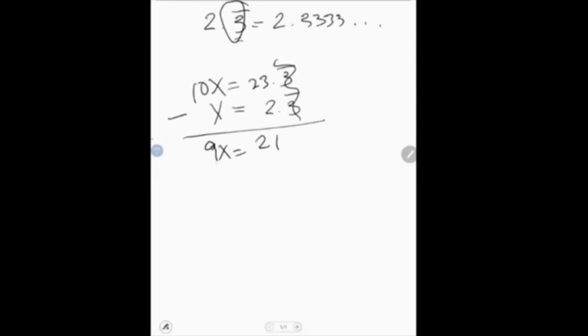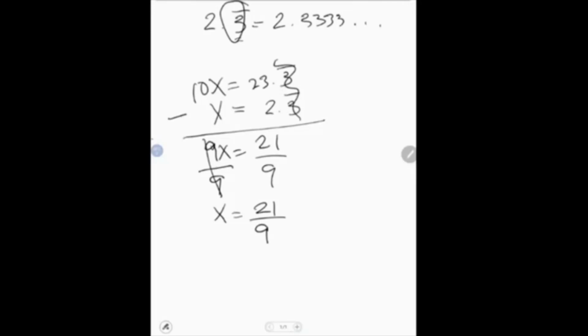Next, we solve for x. So divide by 9 and by 9. So x is equal to 21 over 9. Next, we get the lowest term. We get the lowest term by knowing the GCF, or the greatest common factor.